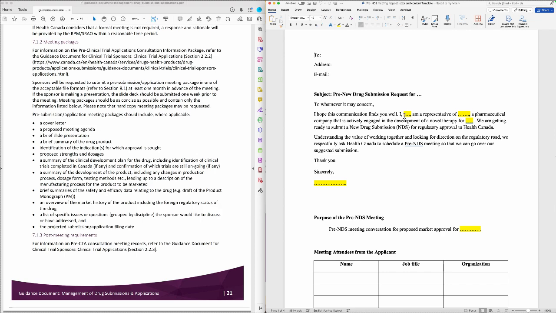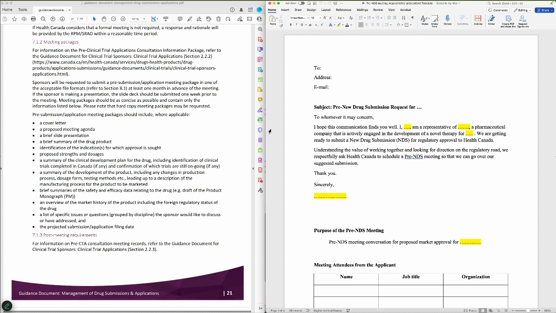And obviously, when you complete this template, you have to remove anything which is highlighted. And you're going to submit the final cover letter, along with your final PowerPoint presentation for your pre-NDS meeting within your pre-NDS meeting application package that you will send to Health Canada.